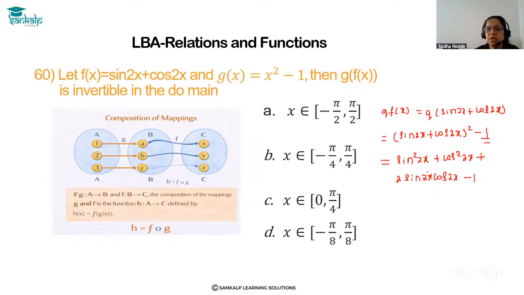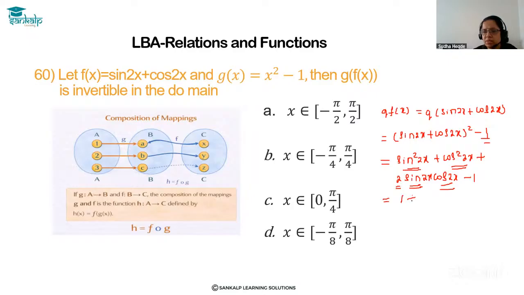Okay, you are using a plus b whole square formula. It is a square plus b square plus 2 times a into b. A is here sine 2x, b is cos 2x. Also, you know sine square x plus cos square x is equal to 1, right? Same way, sine square 2x plus cos square 2x is also 1.